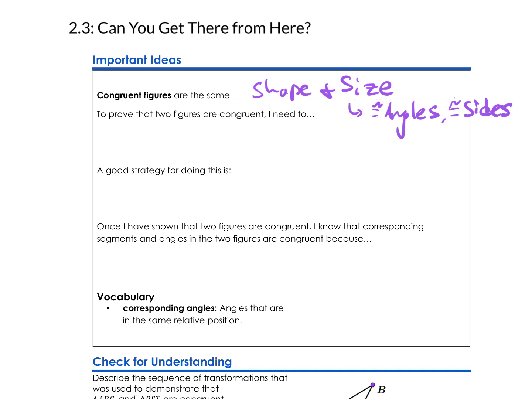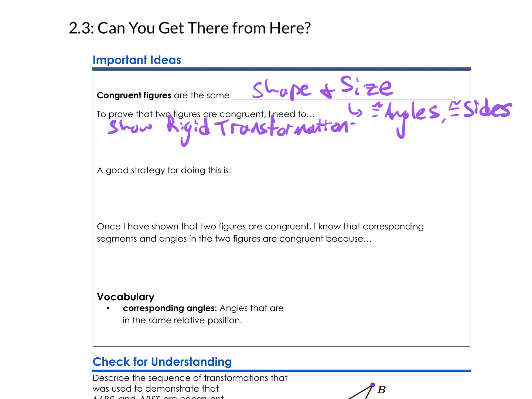If we want to prove that two figures are congruent, I need to show some rigid transformations. Remember, rigid transformations are rotations, reflections, and translations.